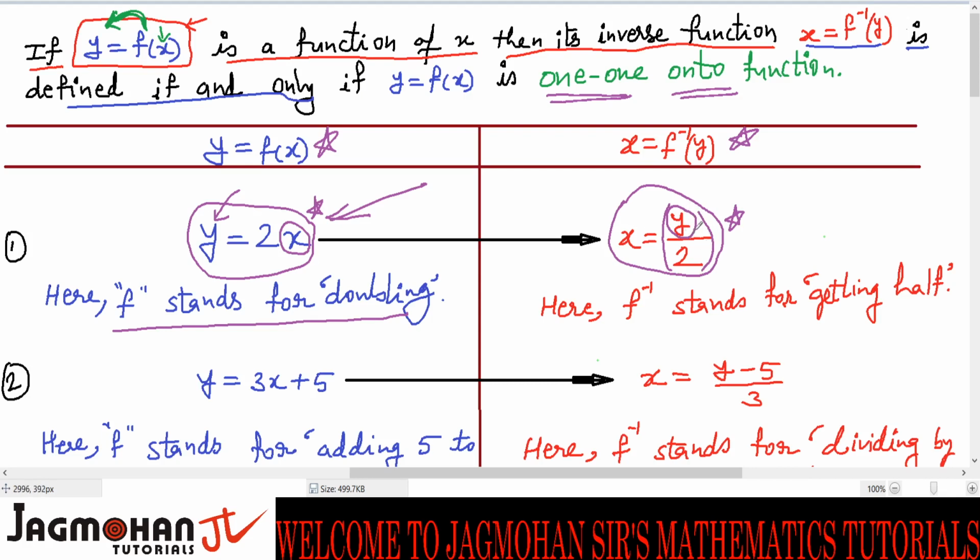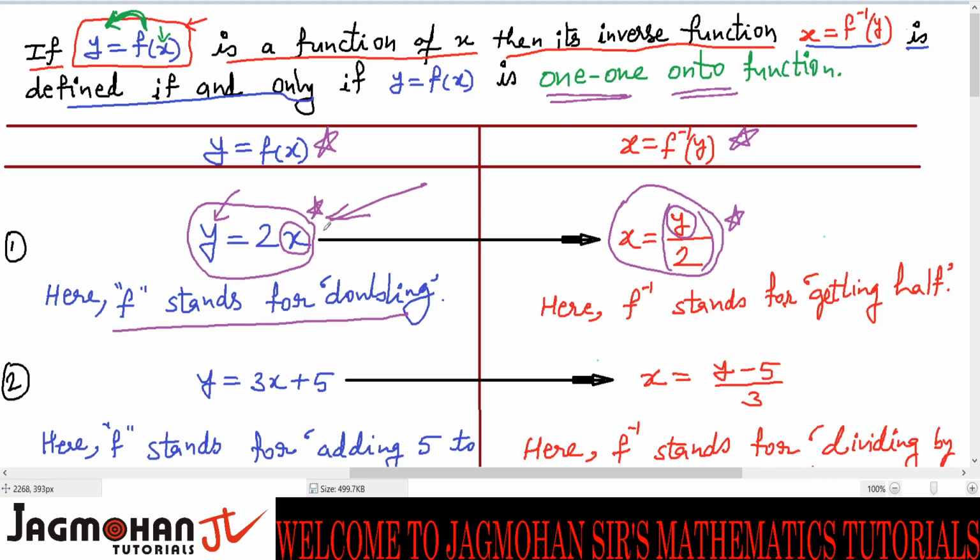Now the point to be noted is that on the left hand side the independent variable was x, but now the independent variable is y. This is very important, students: when you have a function y equals 2x, the domain is x and the range is y. But when you define its inverse, the roles of domain and range have reversed.